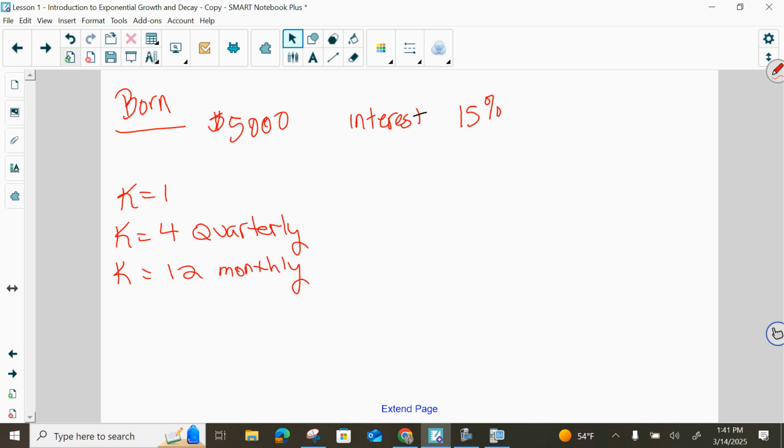And then I want people by the whiteboard to compound daily, 365. So window, you guys are 4. Middle, you're 12. Whiteboard, you're 365. Oh, I got to tell you how many years. Sorry. For 18 years until you become an adult.